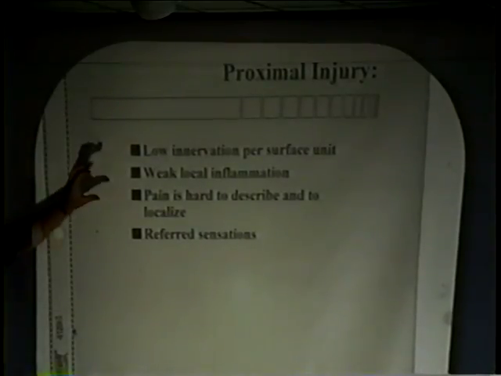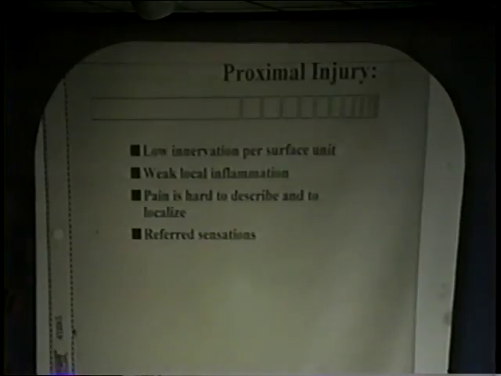Pain is hard to describe and to localize. It will give you referred sensations. There will be a weak local inflammation because there will be fewer nerve endings. If there are fewer nerve endings, we will have less substance P. In return, we have more blood flow in that area. A shoulder does not swell as badly as a finger. Why is that? Because in the finger there are more nerve endings and less blood flow.